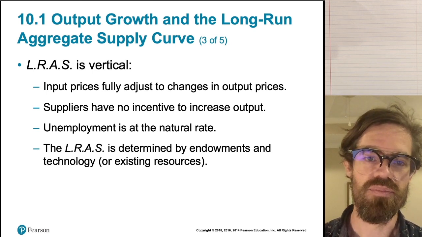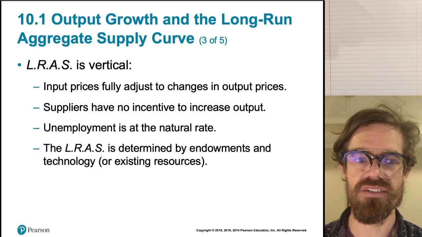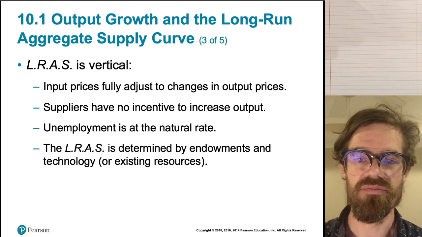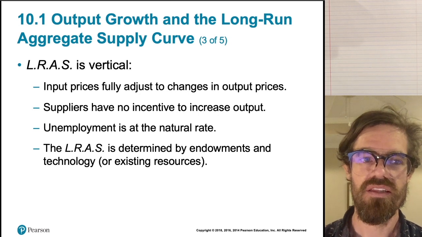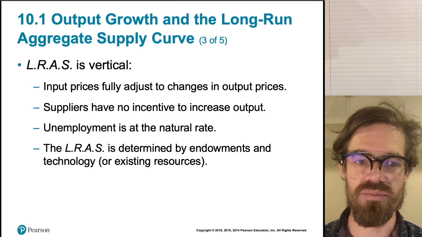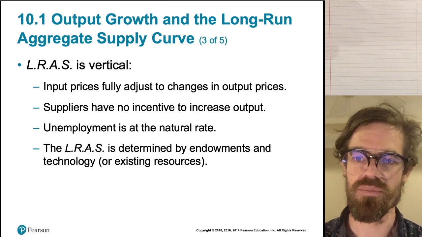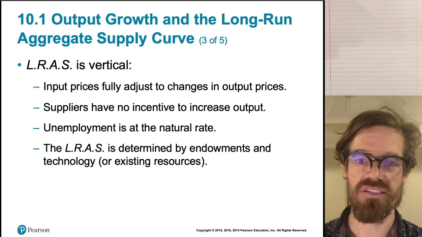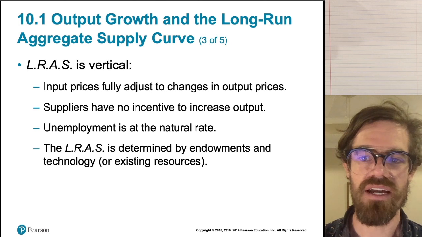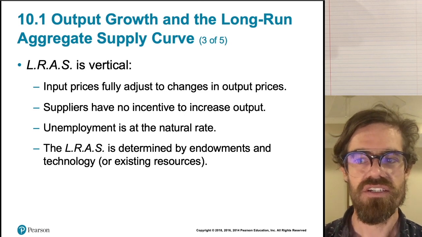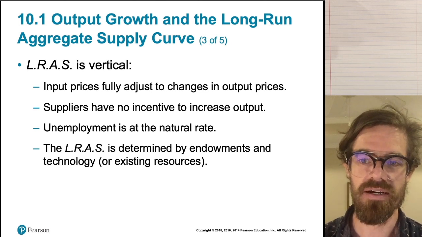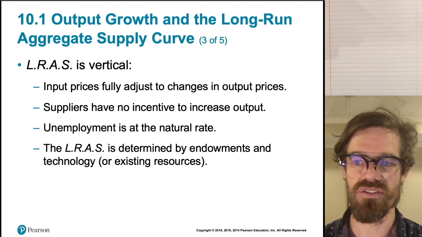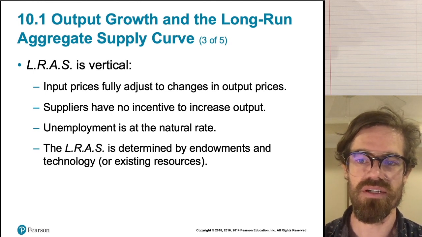So the prices of raw materials and intermediate goods have made a full adjustment to the prices that the firms in the economy are charging for their output. And so when that adjustment has taken place, suppliers have no incentive to increase their output. They're kind of in an equilibrium in a sense.